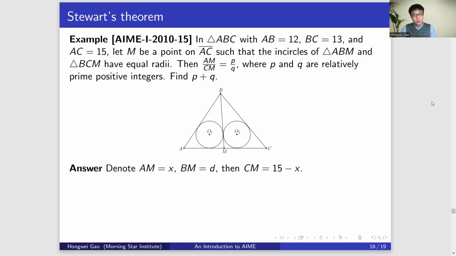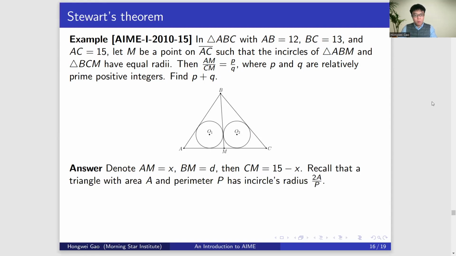Now let's denote AM to be X and BM to be D. Since AC is 15, we have CM equal to 15 minus X. Next, we should recall the formula to compute the incircle radius from plane geometry.